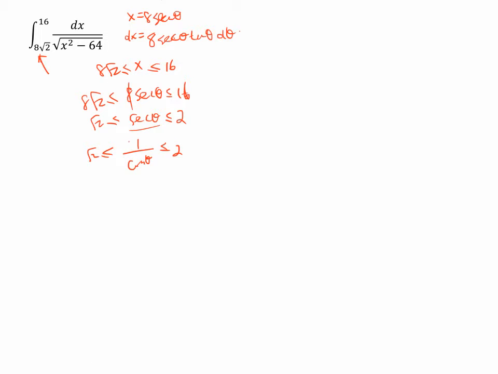Since there is an inverse, I'm going to take the inverse on both sides, right? But I have to be careful because if I take the inverse, the bigger number is going to be smaller, and the smaller number is going to be bigger, which means you have to flip it over, change the side. I need to be very careful here to change the direction.